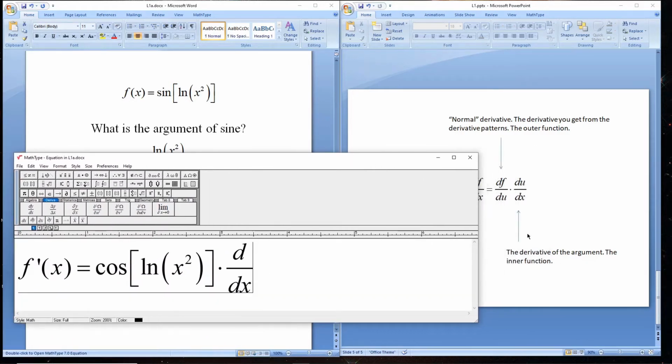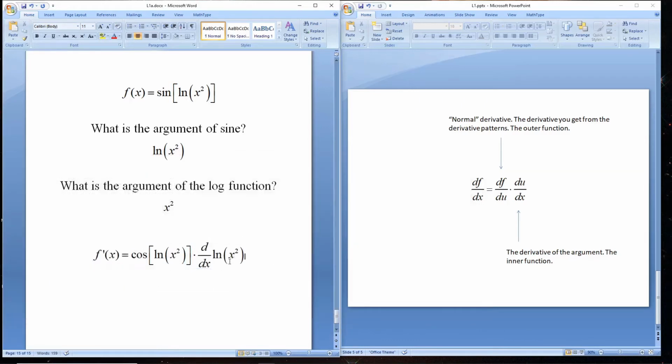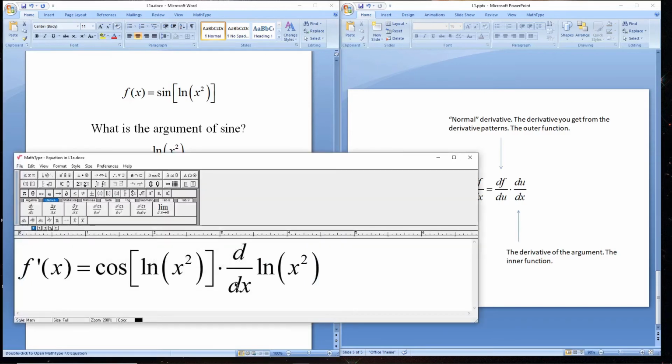And now the chain rule says multiply. So multiply by the derivative of the argument. And so there is my math statement. This math statement, 100% valid. Remember, the d dx is a command. It's saying, I command you to take this derivative.